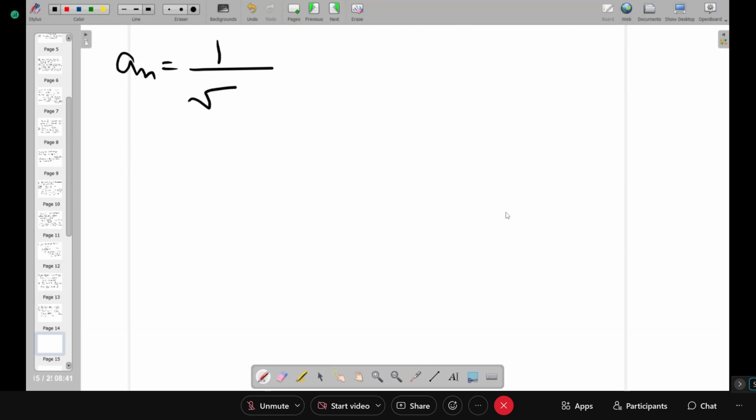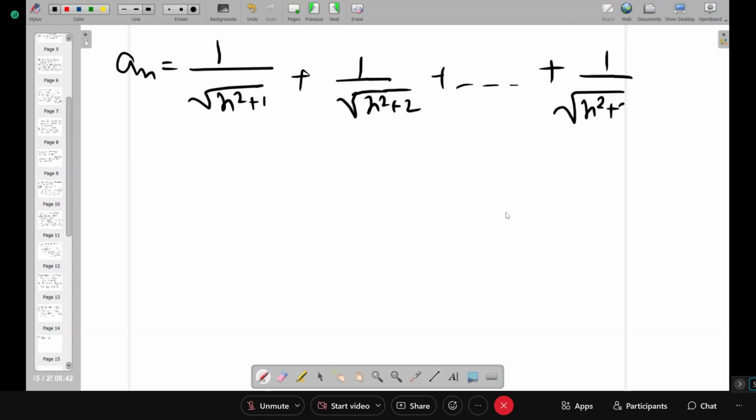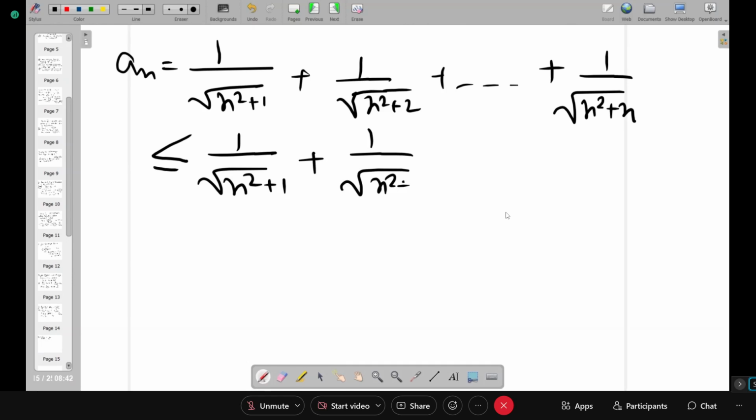The sequence is 1 upon n square plus 1, 1 upon n square plus 2, up to 1 upon n square plus n. This value is always less than or equal to 1 upon n square plus 1 plus 1 upon n square plus 1, and so on, where all the values are replaced by 1 upon n square plus 1, which means we are decreasing the denominator.